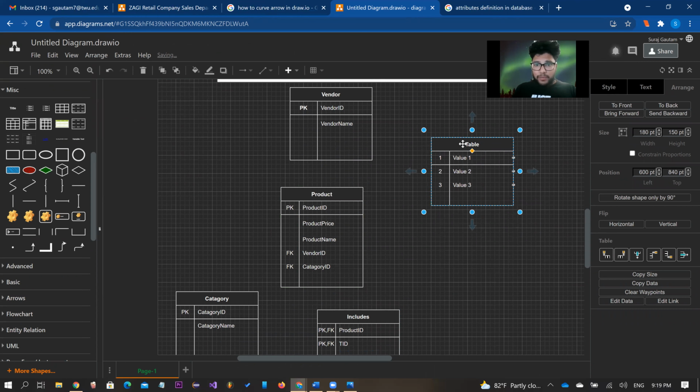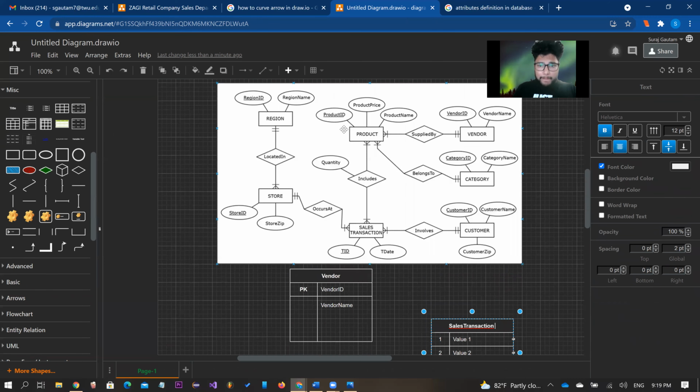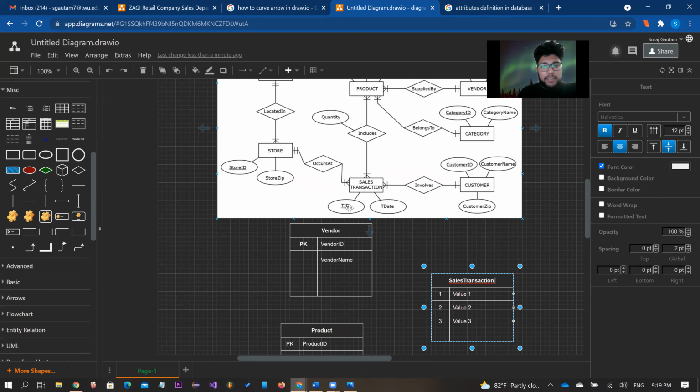The next step we're going to work on is the sales transaction. For sales transaction, we have a unique ID, primary key, which is basically TID, transaction ID, and transactional date.